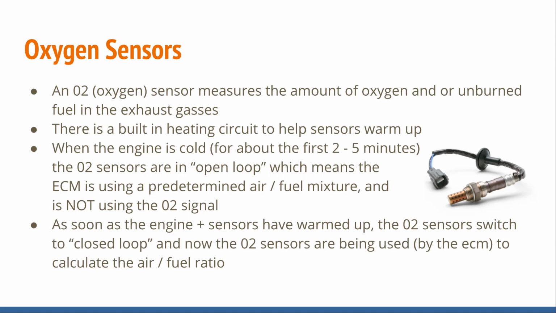So when they go to closed loop, these sensors are extremely important in making that air-fuel ratio. In fact, I would say they are the most important sensor in calculating the amount of fuel the engine gets. So we call that closed loop.